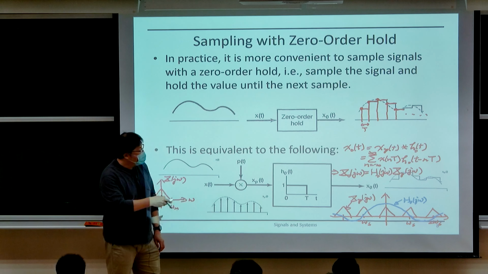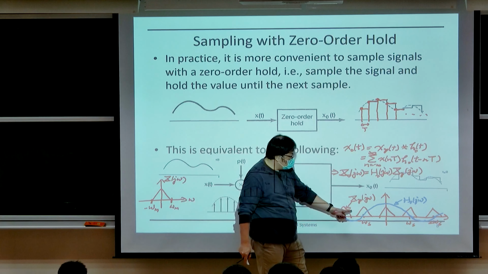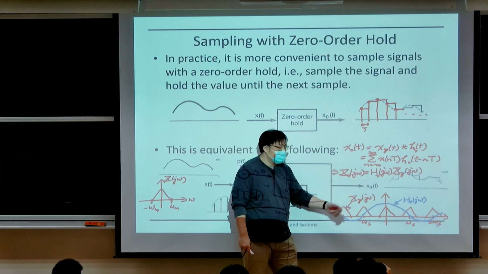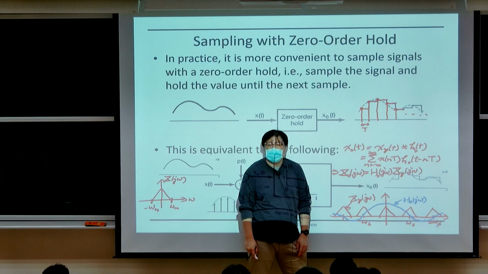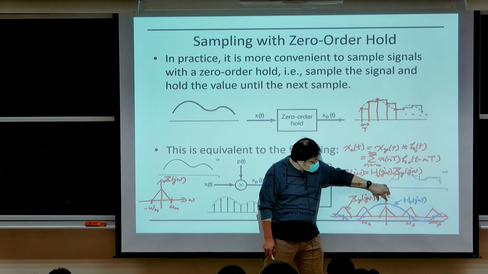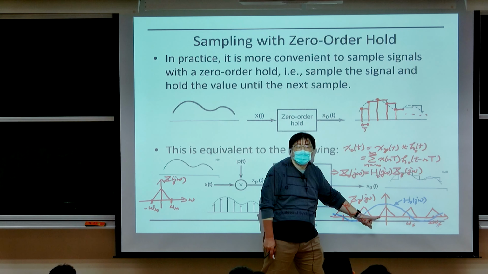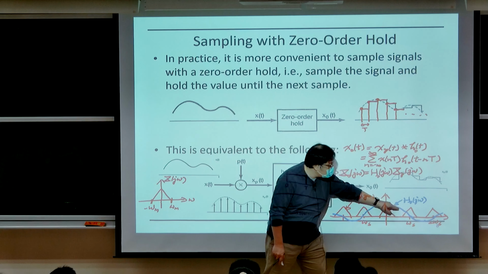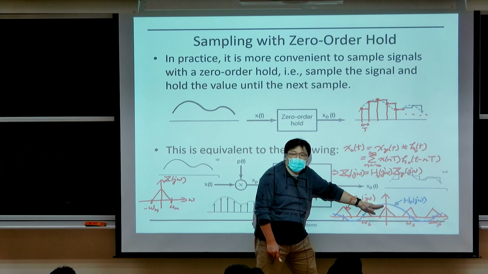Now, when you multiply this repeated spectrum by this sinc-like frequency response, this basically distorts the shape of the spectrum, because you're multiplying this spectrum with something with a certain curvature. This is not flat.